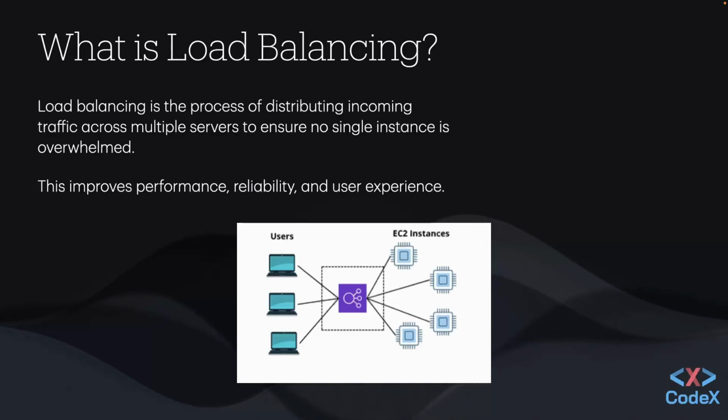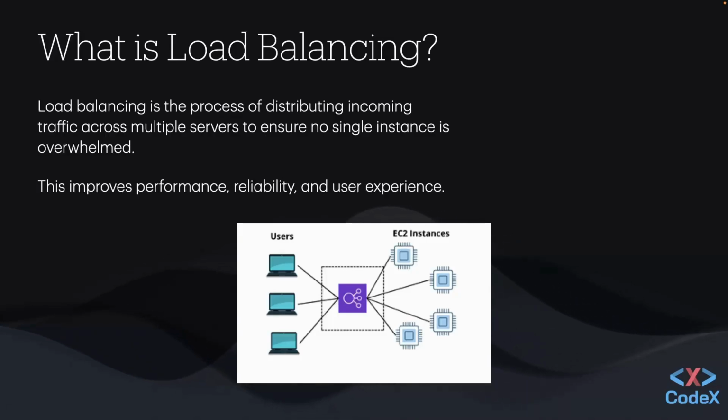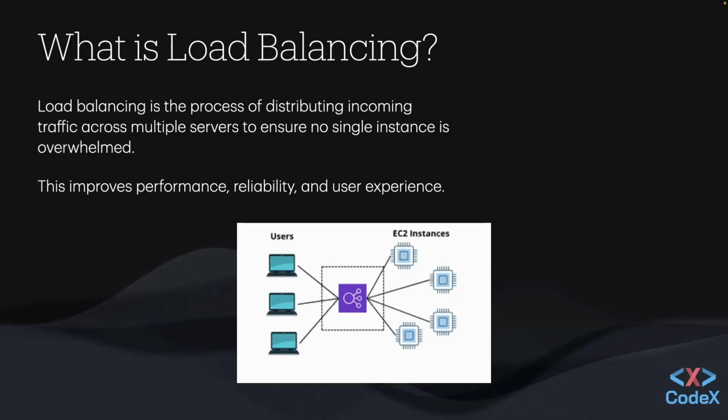When we have thousands, or even millions, of users accessing our application, traffic naturally increases and varies throughout the year due to different operational and business factors. The Elastic Load Balancer decides which EC2 instance should handle each request, based on availability and performance. In essence, ELB ensures that traffic is evenly and intelligently distributed, avoiding overloads and enhancing performance and reliability.